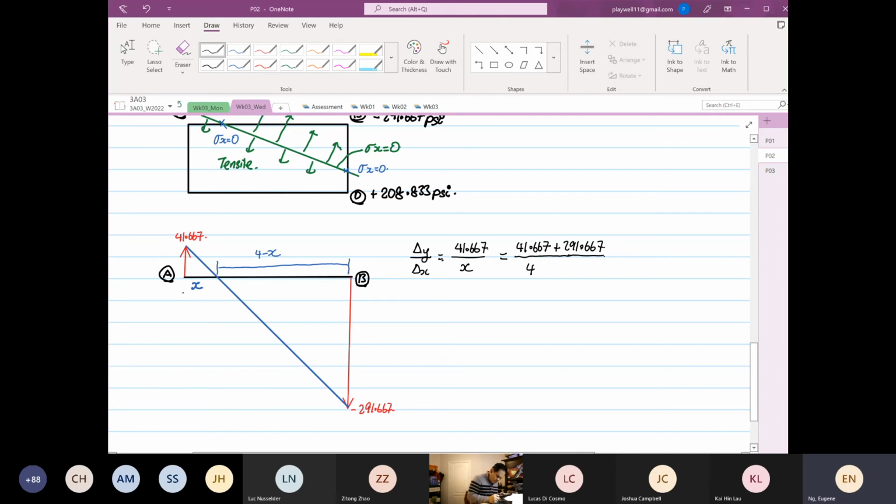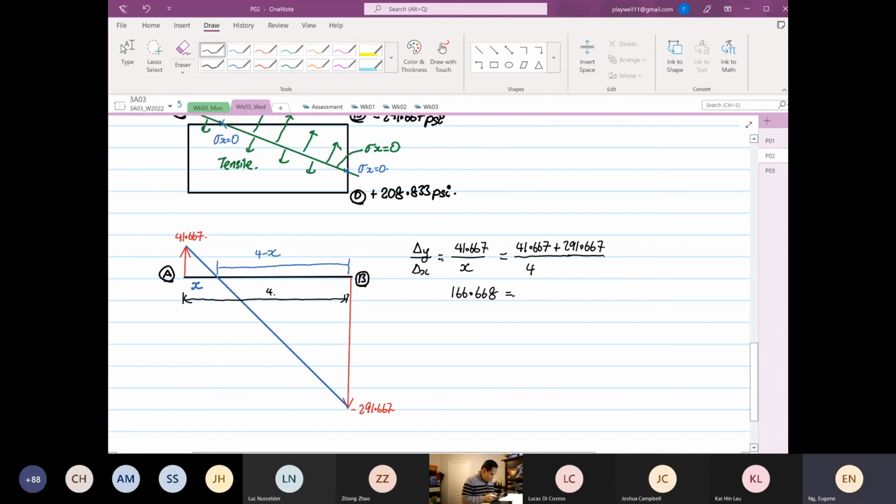So I'm taking this entire distance from here to be 4. And I just want to find x. That's why I add the change in y. So this is easier because you don't need to cross multiply. So 4 times 41.667 is equal to 166.668.